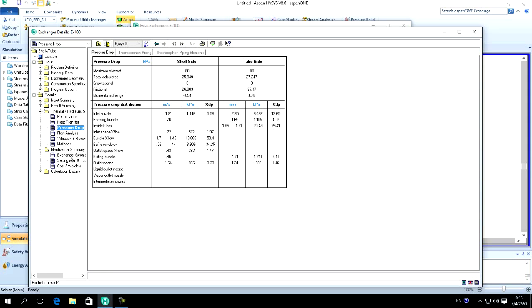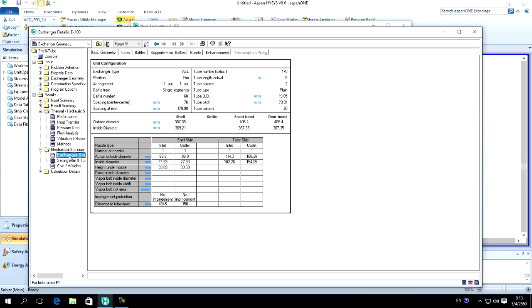What else do you have to turn in? The heat exchanger geometry. So this is telling about 170 tubes for 5 meter long, 2 tube pass, and then the tube outer diameter and the tube pitch with a 30 degree layout. And the diameter for the shell, you have the front head and the rear head.